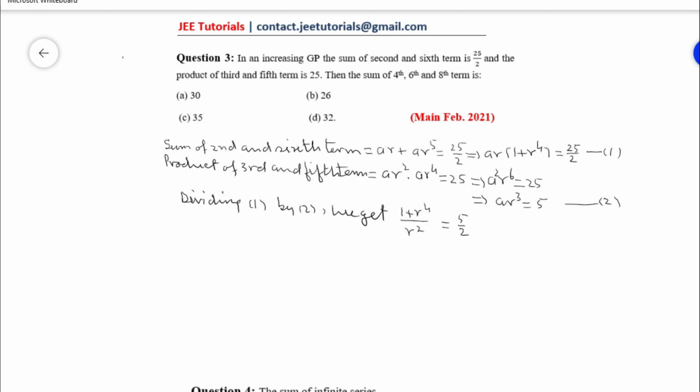This implies 2R की पावर 4 minus 5R square plus 2 equal to 0, and this implies, इसके फैक्टर कर लें, फैक्टर आएंगे 2R square minus 1 and R square minus 2 equal to 0. This implies R equal to √2 or 1/√2.